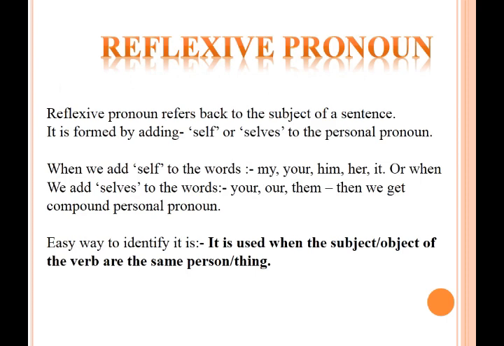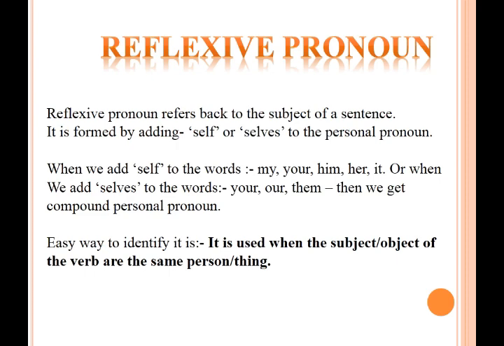Next kind of pronoun is reflexive pronoun. It refers back to the subject of a sentence. Reflexive pronoun is formed by adding self or selves to personal pronoun. When we add self to the words like my, your, him, her, it, or if we add selves to the words like your, our, them, then we get a compound personal pronoun.